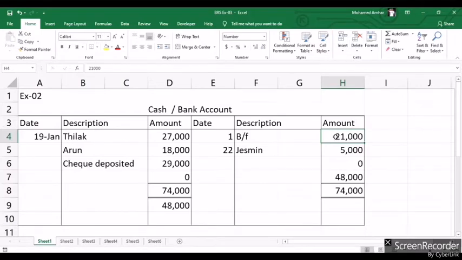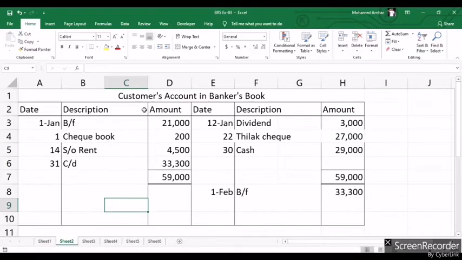That means the business has taken more money than the balance in the account. So 21,000 is now payable to the bank, and we call that an overdraft. The same balance should be in the customer's account that the bank maintains. See, the balance is 21,000.